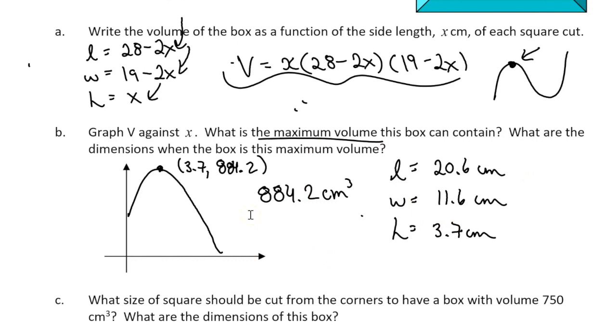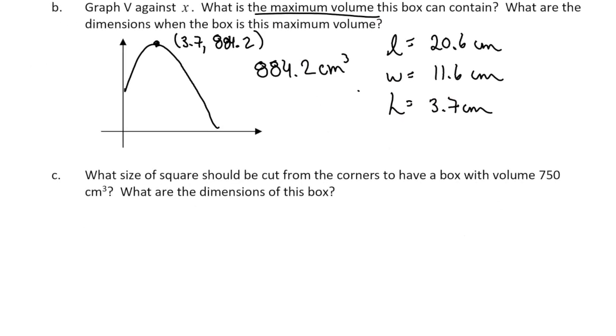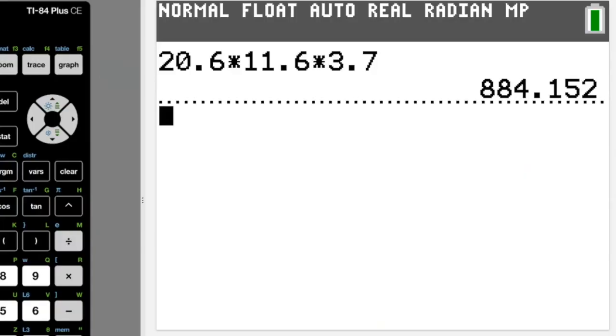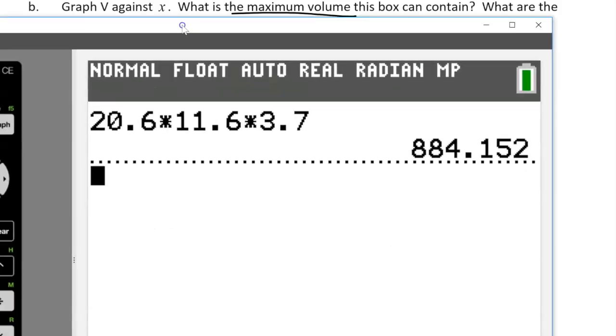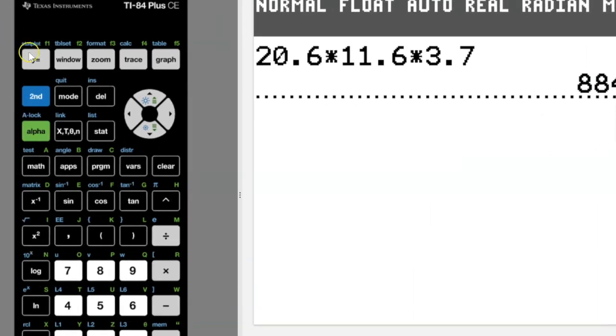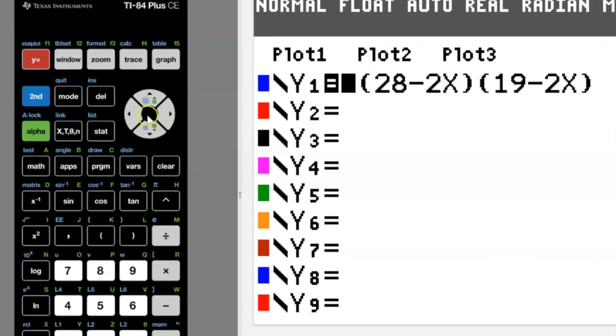And then part C is saying, well, what size of square should be cut from the corners if we now don't want the maximum volume? We don't care about the 884, but we want something that's going to produce a volume of 750 centimeters cubed. So you could go back to your graphing calculator, go to y equals, go to y2, and put in 750.